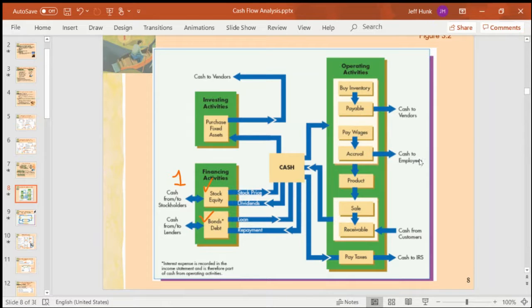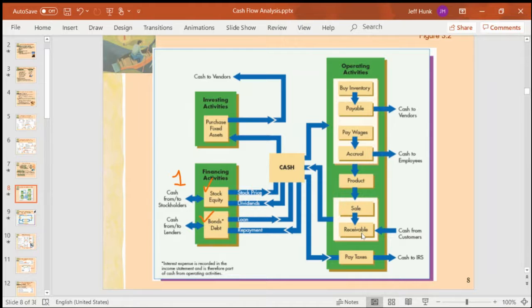By paying cash to employees and vendors, you have raw material and merchandise, and you produce or purchase the products. If you're a retailer, you buy from the producers, and then the sale happens next.